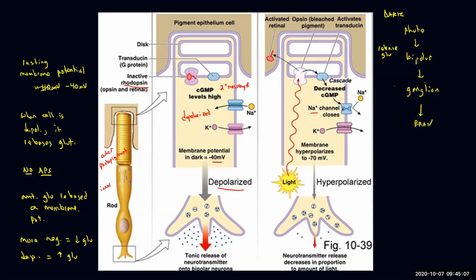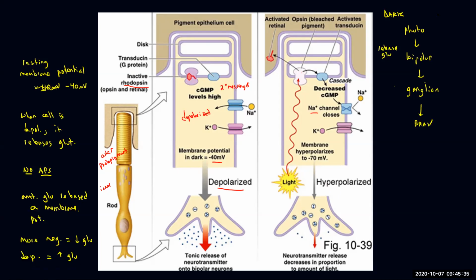Now, when those sodium channels are closed, sodium can't flow in anymore. So if sodium can't be flowing in constantly, my membrane is going to hyperpolarize. I told you that the amount of neurotransmitter released is proportional to the membrane potential. When we're hyperpolarized, we're going to get less release of neurotransmitter.